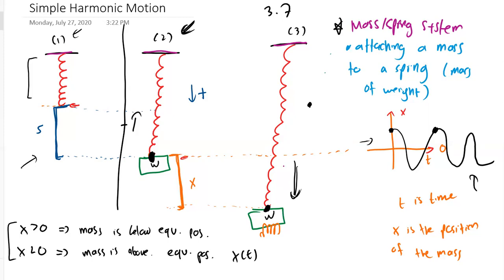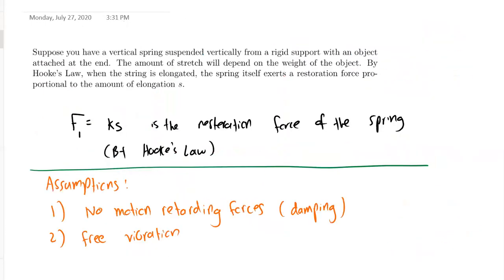Okay. So Hooke's law, under some assumptions, actually tells us what this restoration force is. So what does Hooke's law say? Hooke's law says that the restoration force is proportional to whatever distance we've stretched the spring. So for example, if we've elongated the spring s units past equilibrium, then the restoration force will be proportional to that.